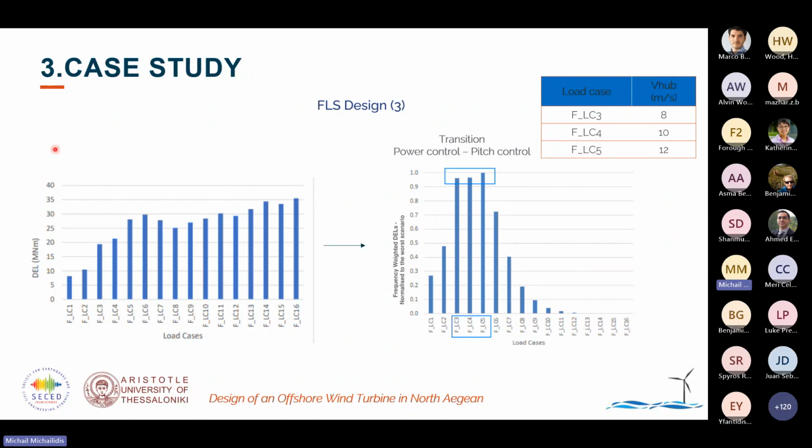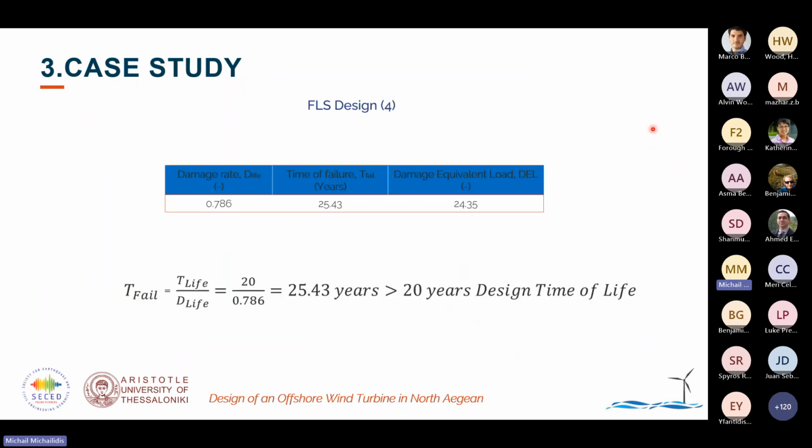So we can understand this way that the most significant load cases for the fatigue limit state are those around the pitch control values, and around the transition from the power control to the pitch control, which is the reason the fatigue is susceptible to this transition between the two modes of the wind turbine.